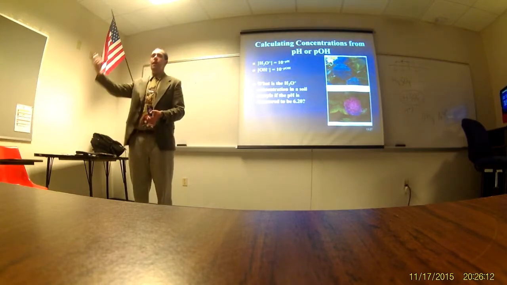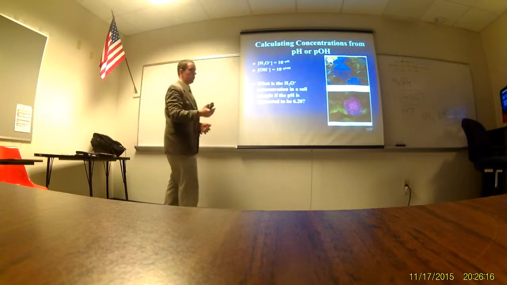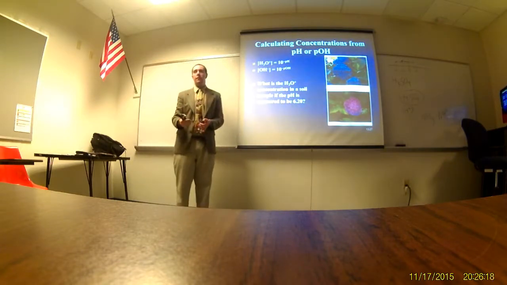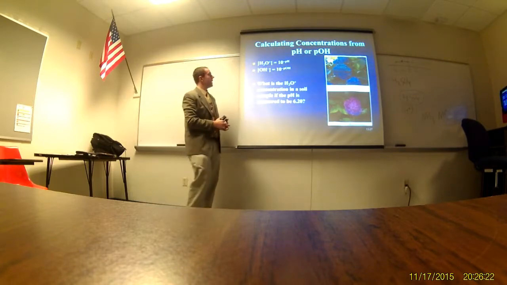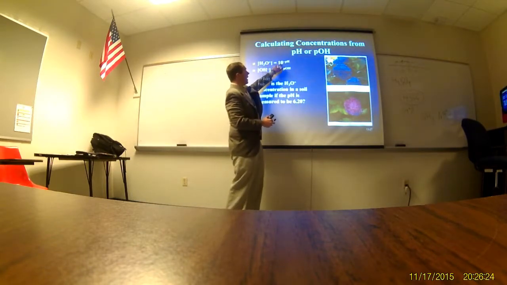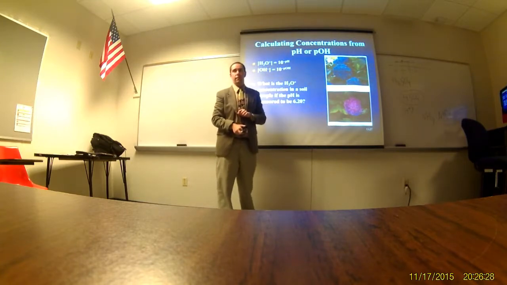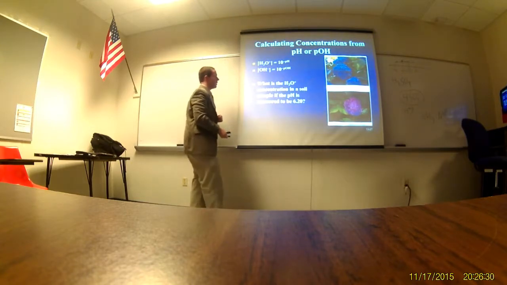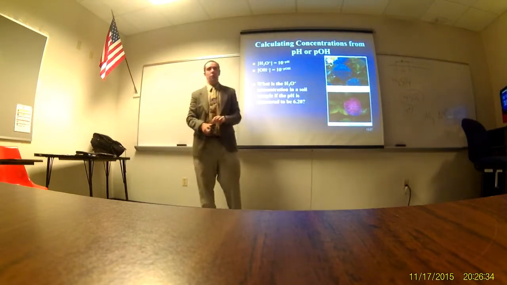This is going in the opposite direction. So basically what we have to do is undo our negative log. We undo a negative log by taking the pH and going 10 to the negative pH. So what is 10 to the negative 6.2?